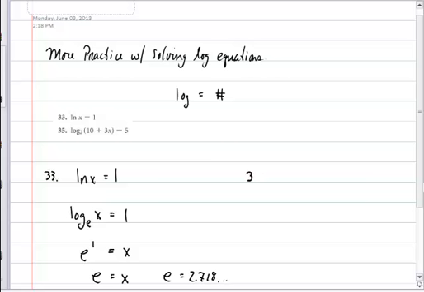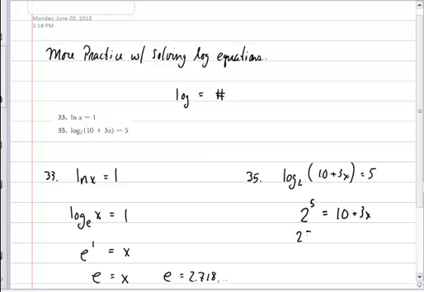For 35, we would write that in exponential form as well. So I'll just write out the problem: log base 2 of 10 plus 3x equals 5. In this case, we write 2 to the 5th is equal to 10 plus 3x.